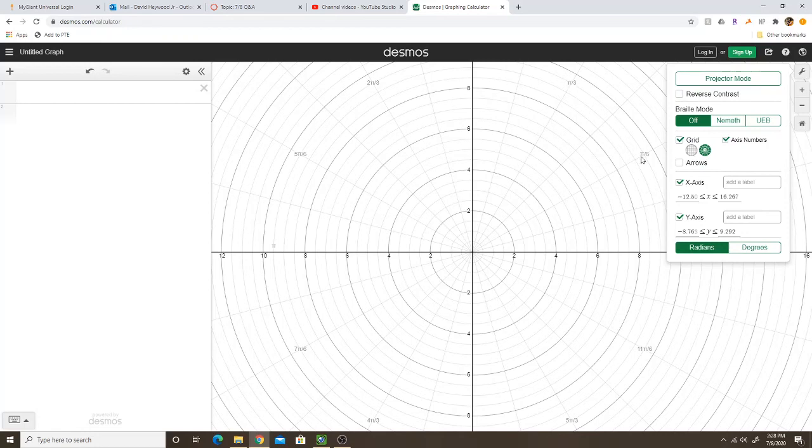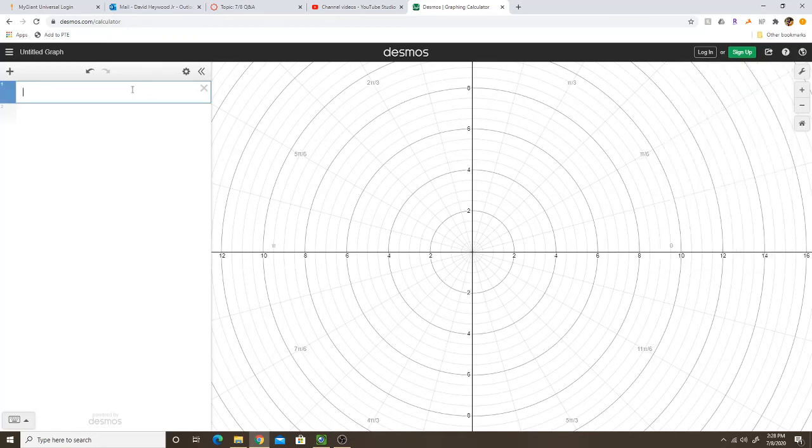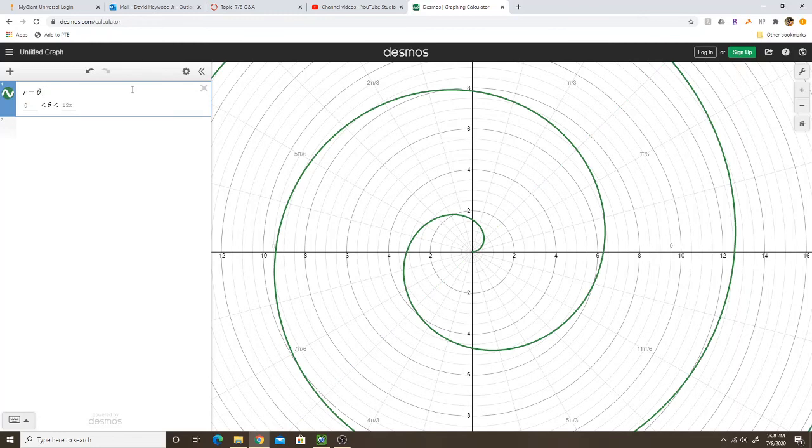Actually, it already is in radians, so never mind. So this is good. If I want to do r equals theta, then I would say r equals theta. And there you go. Notice that it's starting at 0 and going to 12 pi, so it's only giving me the positive half of the spiral.